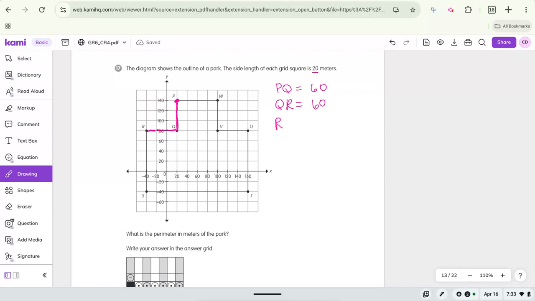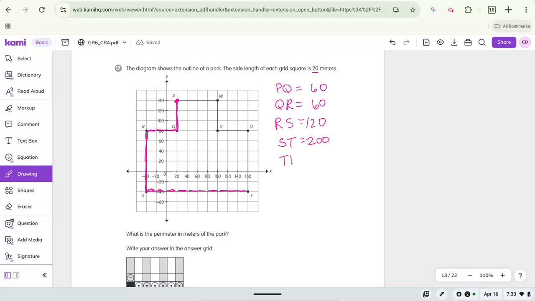Then I'm going to go from R to S. So that's going to be 20, 40, 60, 80, 100, 120. Then I'm going to go from S to T. 20, 40, 60, 80, 100, 120, 140, 160, 180, 200.